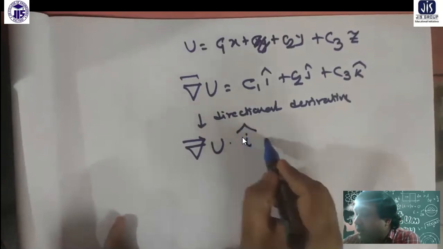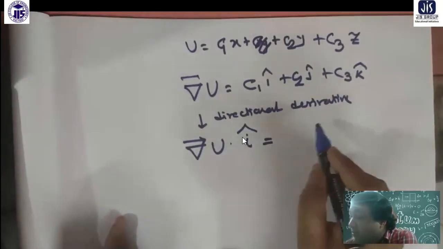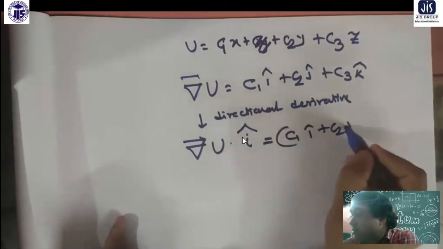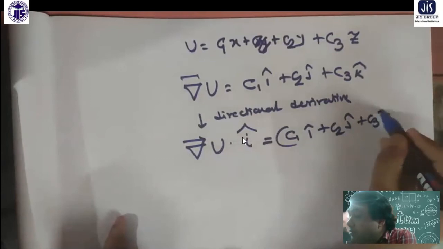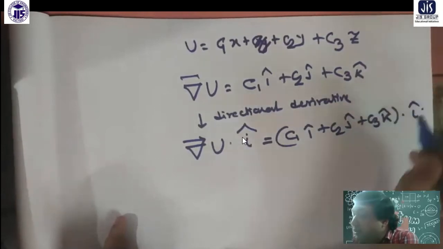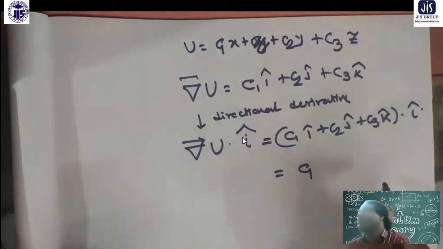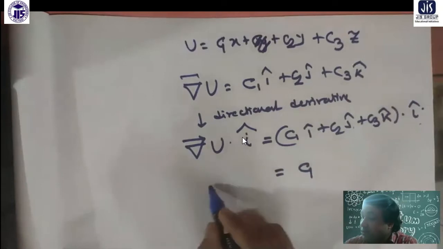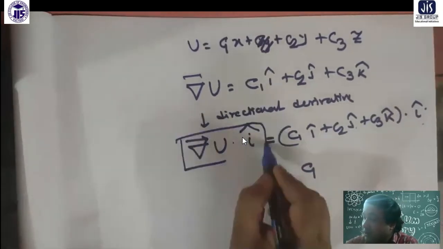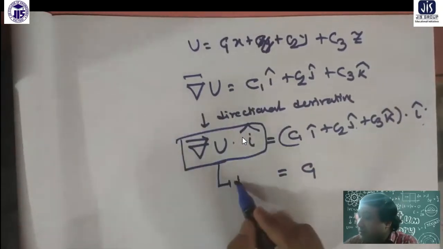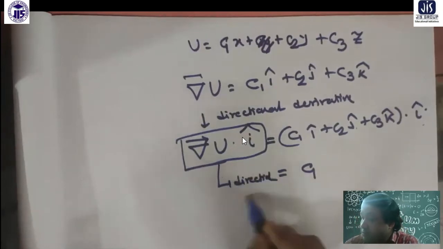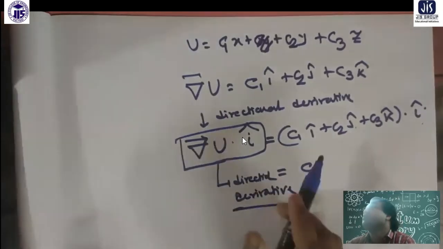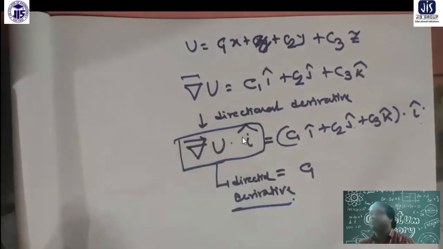Suppose in the direction of i, the conventional x direction, you take the dot product. This gives you the directional derivative. It becomes c1, because i dot j and i dot k are 0. So this is the dot product in a given direction, and it gives you the directional derivative. It's a very important concept. So that is the idea I just shared with you.